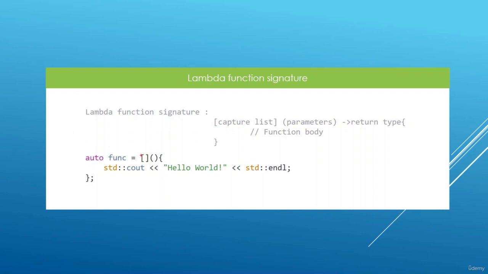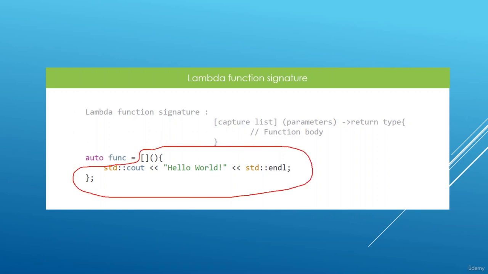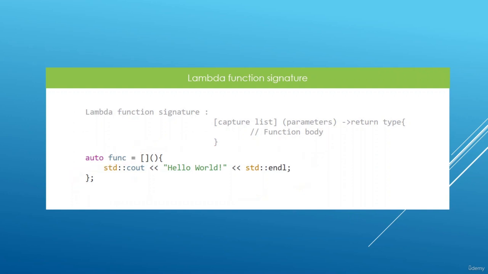Once we have our lambda function declared like this, this entire thing is going to be our lambda function type. We can take this and assign that to a variable which is going to deduce the type using auto type deduction here. This is what we are doing. Once this thing has a name, then we can call it with the syntax we have here. And if we run this code now, it is going to print hello world to the console.